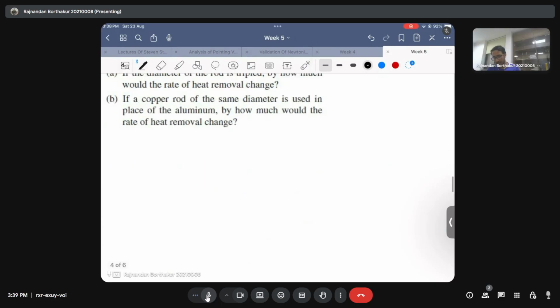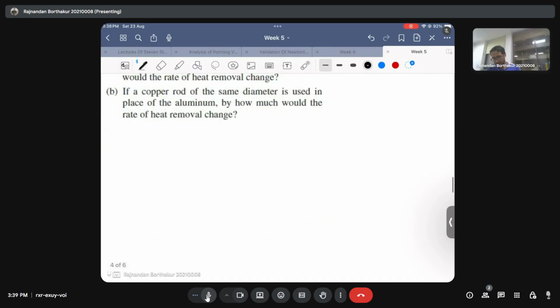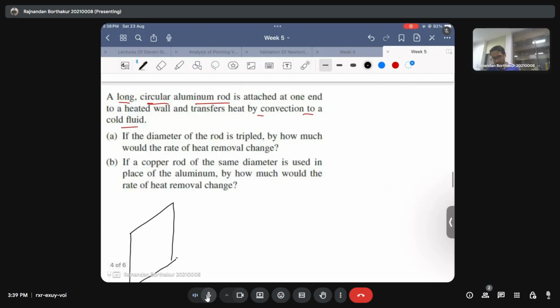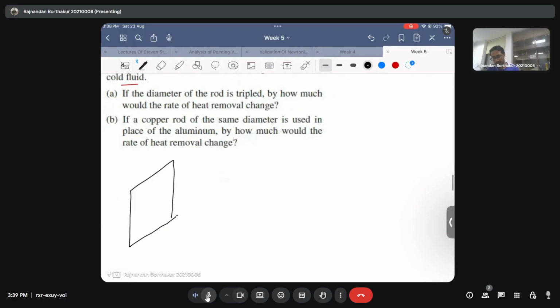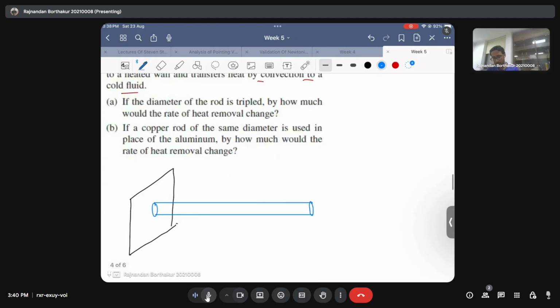So it says that there is a heated wall. And in order to dissipate heat from this wall, you are attaching a circular long aluminum rod, which basically takes in heat from this heated wall and then dissipates it to the cooling fluid.